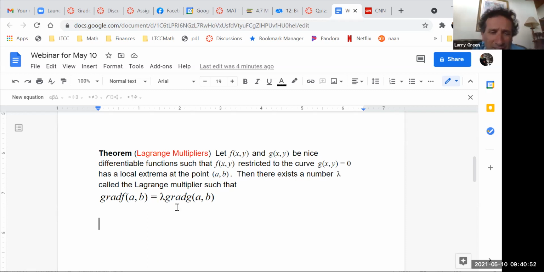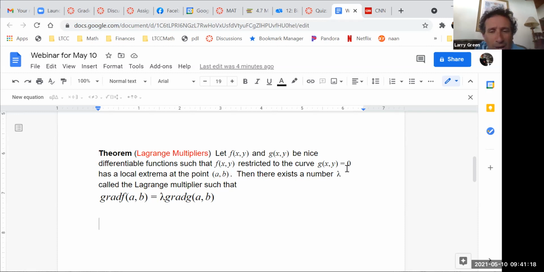It looks kind of messy, but it turns out it's actually most of the time the better way of finding max and min than the other way. The other way is if you have g of x, y equals 0, you can solve for y in terms of x, plug that y into f, and then find the critical points.